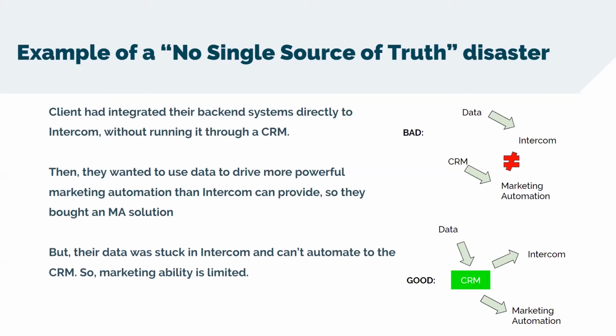As a result, all of their data got stuck in Intercom, and they weren't able to use it in their marketing automation suite because they couldn't get the data to cross through, which was obviously really tragic. A better architecture would have been to take their data and send it directly from the proprietary backend system into the CRM.